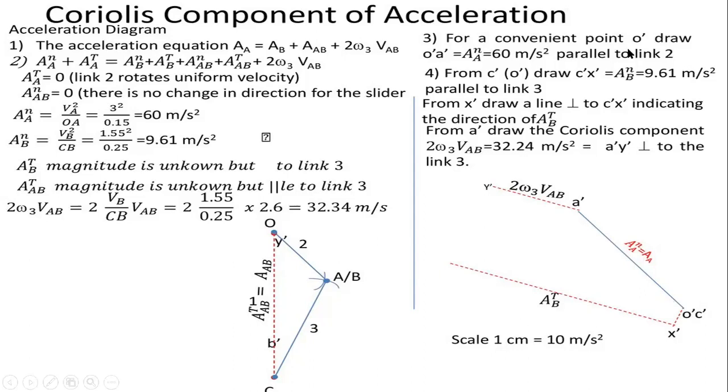Then from the point A dash, draw the Coriolis component, that is 32.34 meters per second square, and this line is perpendicular to link 3. That is the A dash Y dash line, which is perpendicular to link 3.